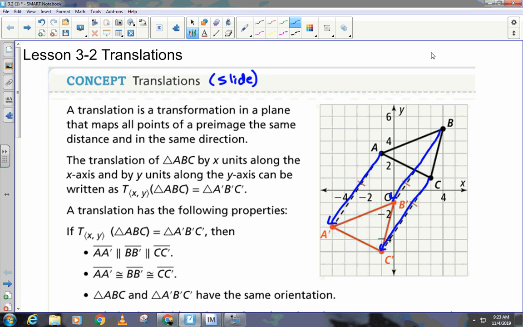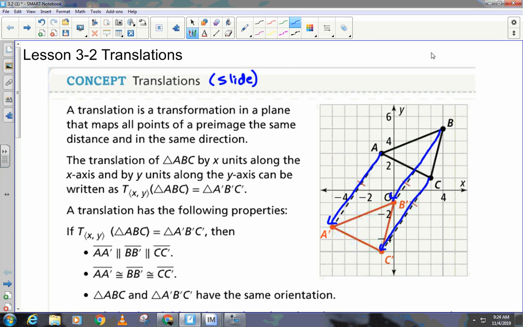If it wasn't, this new image would be distorted from the pre-image. And so you have to go the same distance in the same direction. I've denoted here that these paths are parallel to each other. And the distance that they travel is the same also. Because if the distance wasn't the same and the direction wasn't the same, then you wouldn't get the same shape in the end.